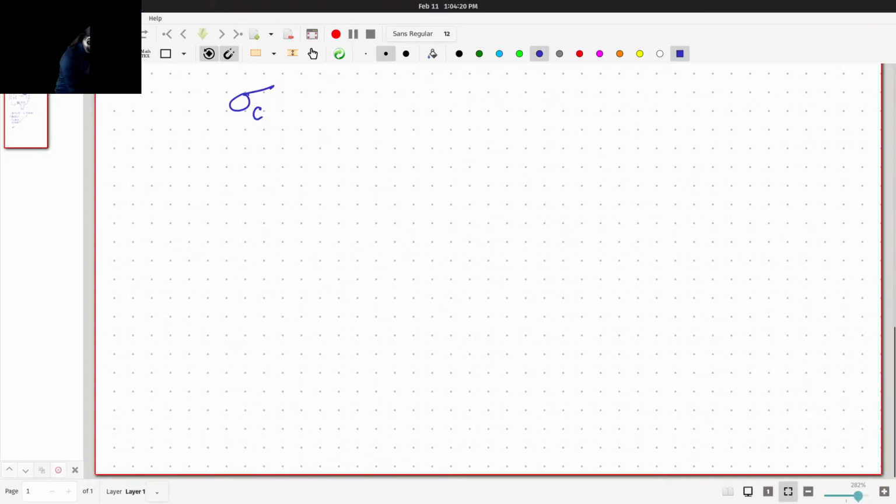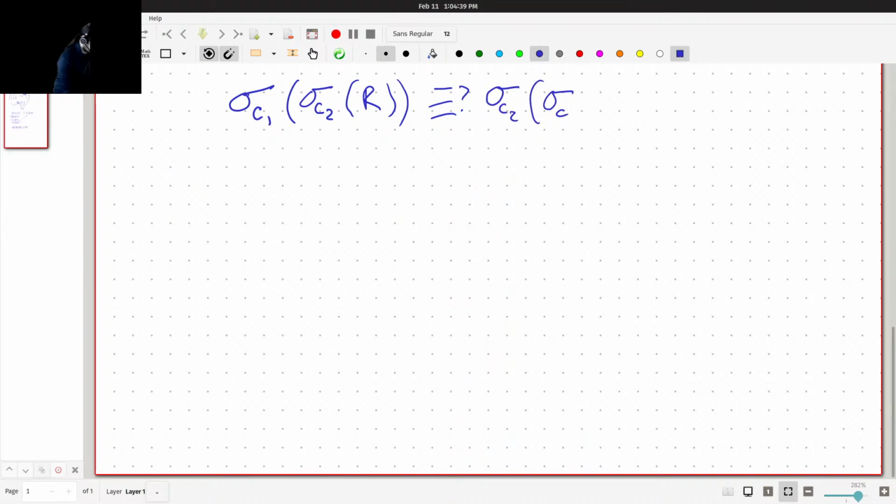C1, and then we apply that to the output of a filter on C2 of R, then we want to know if this is the same as applying the second filter to the first filter of R. All right, so what options do we have here?